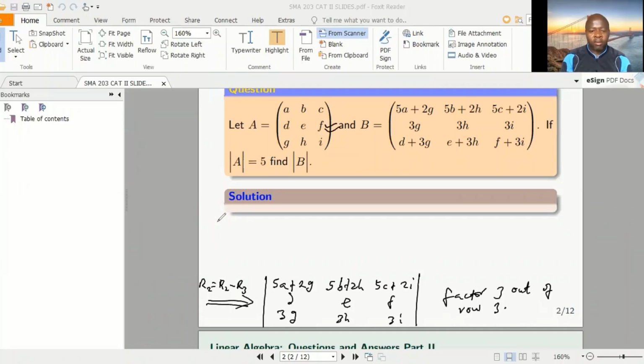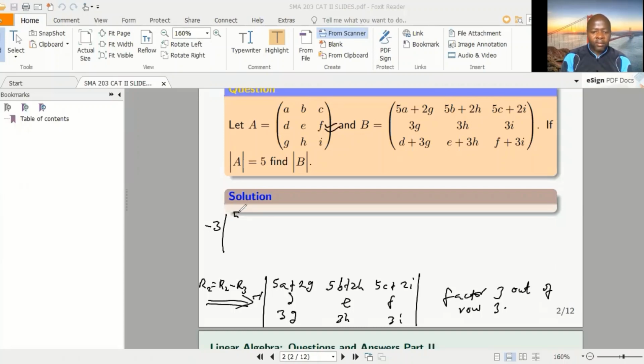The original determinant takes that constant. Now, let's just factor out. Oh, remember there was a negative here, negative 1. So you shall have negative still outside. Now we factor 3 out.